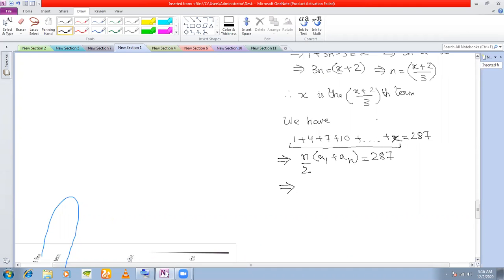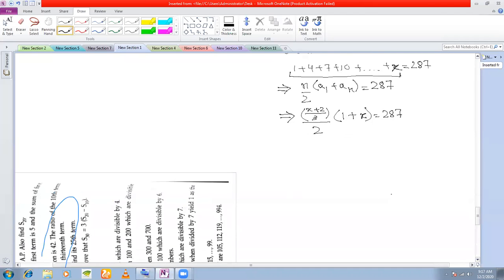And what is n here? n here, we have found out to be x plus 2 by 3. So we simply put it here, divided by 2. The first term is 1 and the nth term is x, equal to 287. Now we simply need to solve this equation to get the value of x.